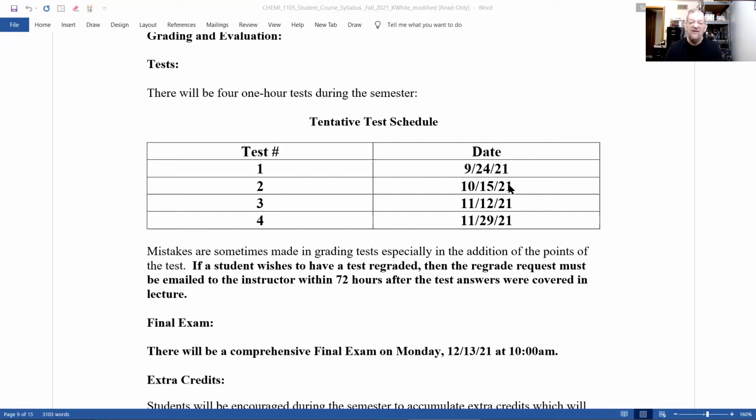And that day, that Tuesday, there's no class or lab. So I figured, well, make it not that Friday, the 15th, but the following Friday. But if we look at where we are, we're essentially done with all the material other than going through the problem set for chapter 5, part 1. We're done. So I moved it back. Now that I realize I can't keep on schedule. That's the first change.